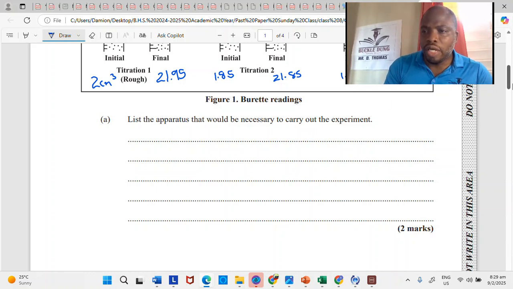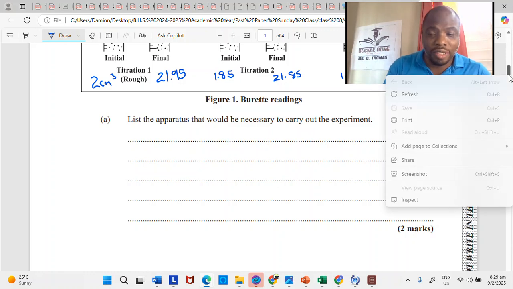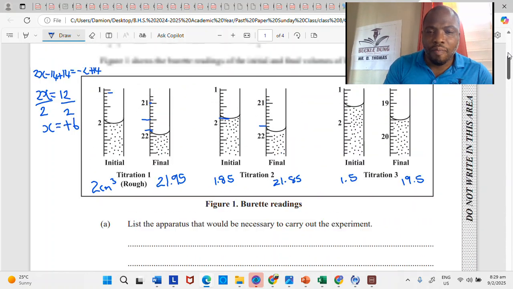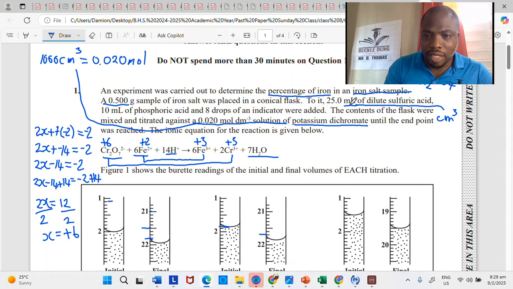A burette. Sometimes the question itself may have outlined it. See it there again, for a drop you may need a dropper. It says you need a conical flask, and you must need a beaker.